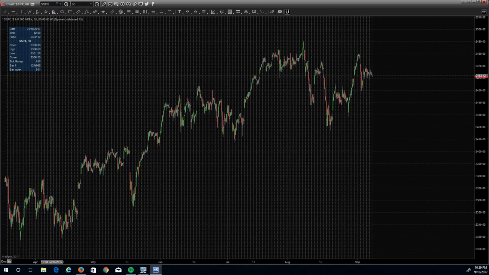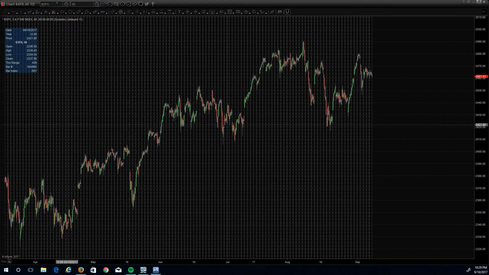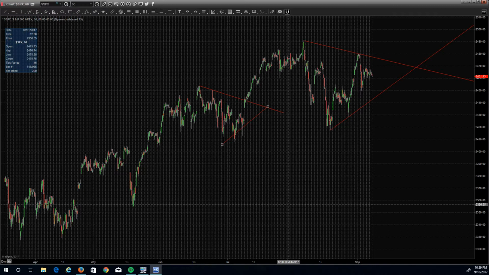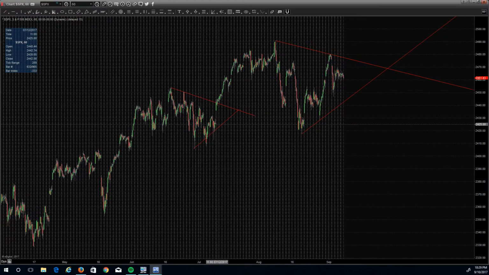Well, the first thing I would like to go over that I recognized was these symmetrical triangles that I saw. So we had this first symmetrical triangle over here occur. Symmetrical triangles really just show that market is indecisive, that the market tries to go up, the upper trend line becomes resistance, markets crash down, and then the lower trend line becomes support and moves up again.